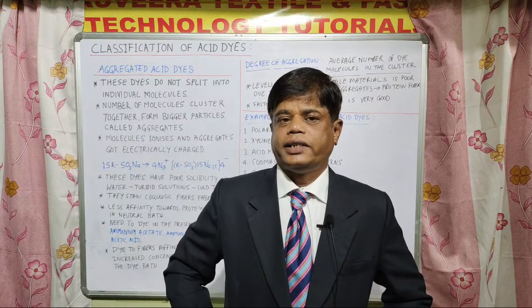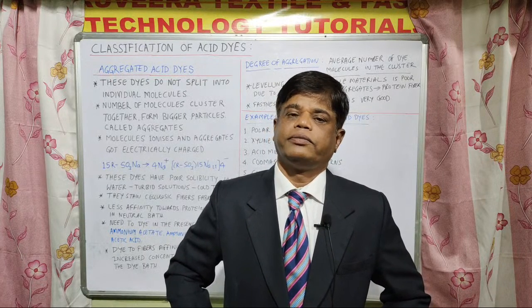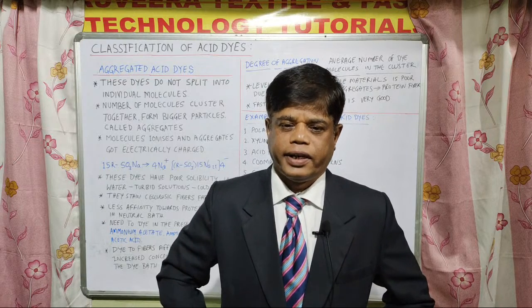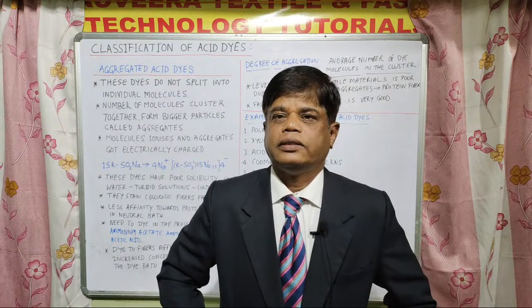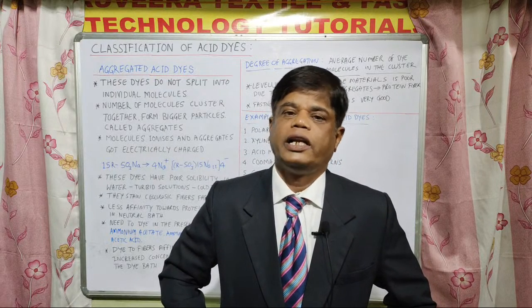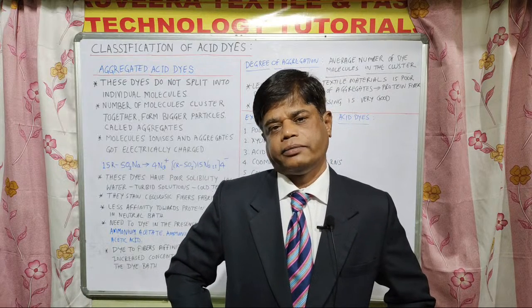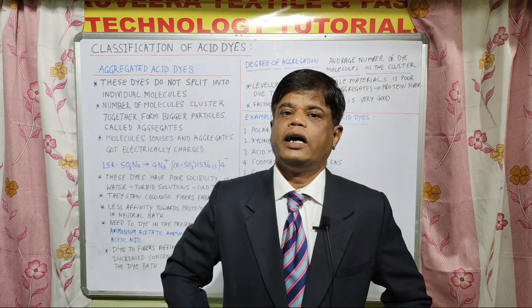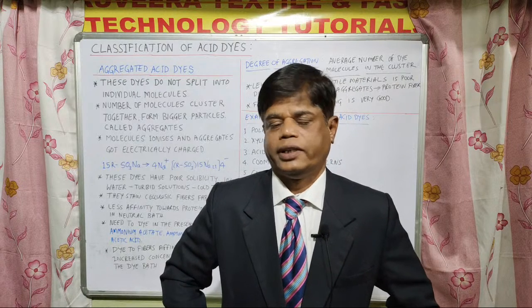See, in yesterday's class I told molecularly split acid dyes are classified as two types based on their solubility in nature. One is soluble dyes and another one is insoluble dyes.